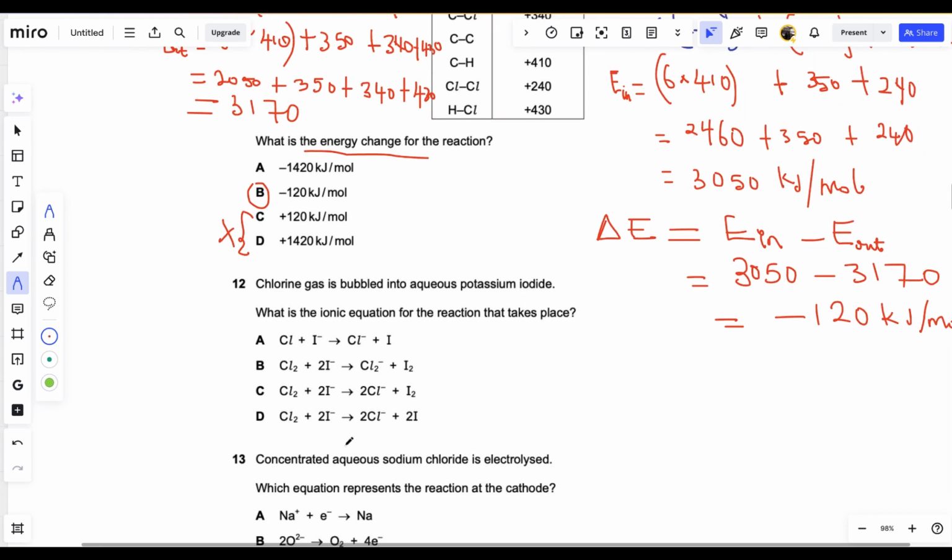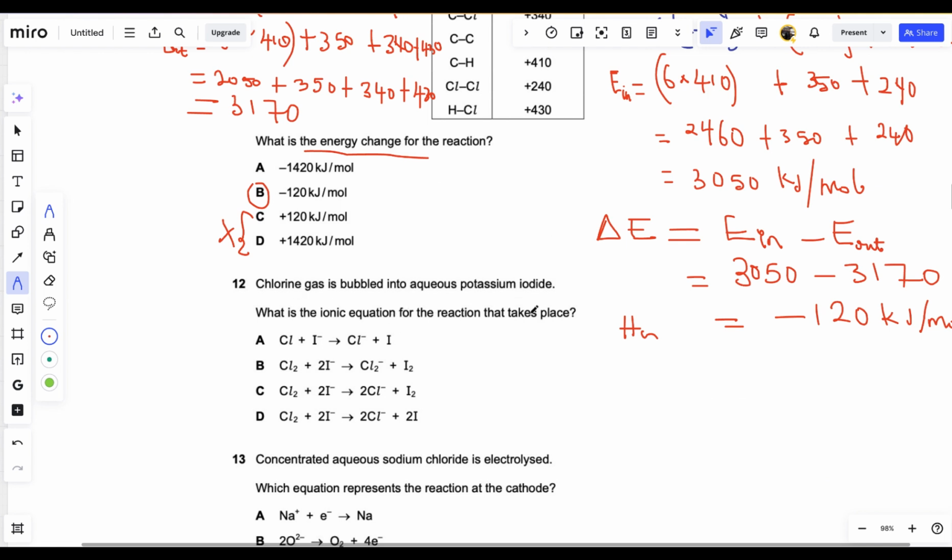Question number 12: chlorine gas is bubbled into aqueous potassium iodide. Chlorine bubbled through potassium iodide. Now, what is the ionic equation for the reaction that takes place? You know, it is the halogen that will give way in the half equation.